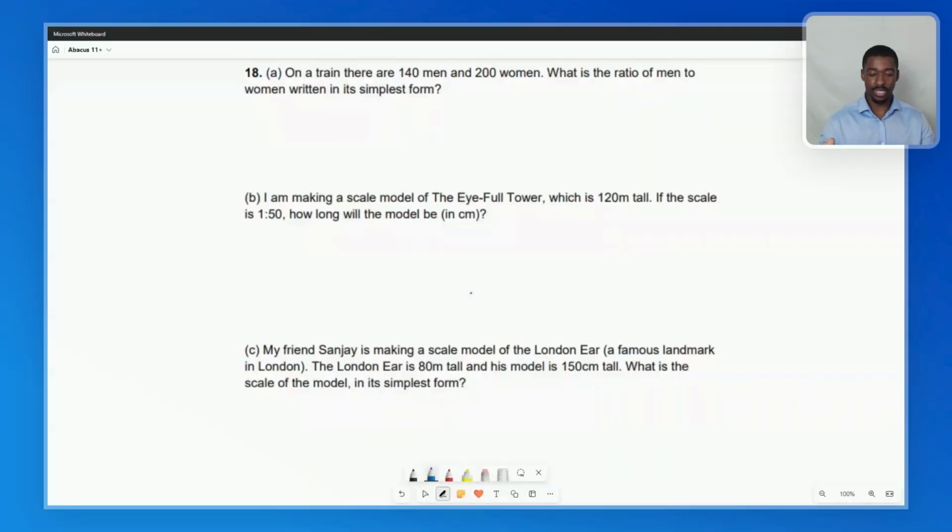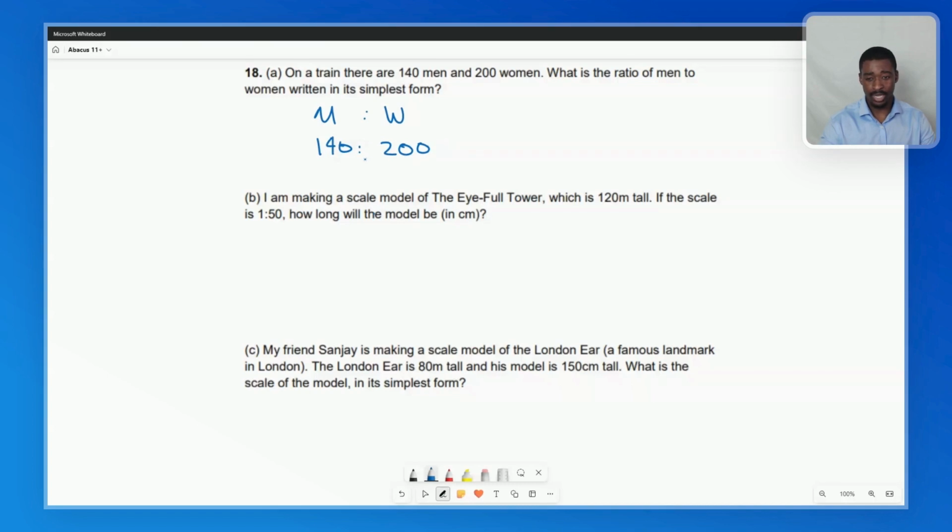Okay, so for this next question, part A, we're told on a train there are 140 men and 200 women. What is the ratio of men to women written in its simplest form? Men we can call M, women we can call W. We have 140 to 200.